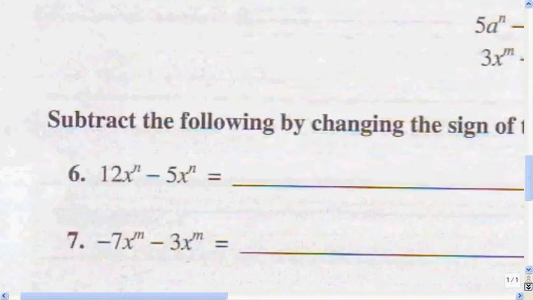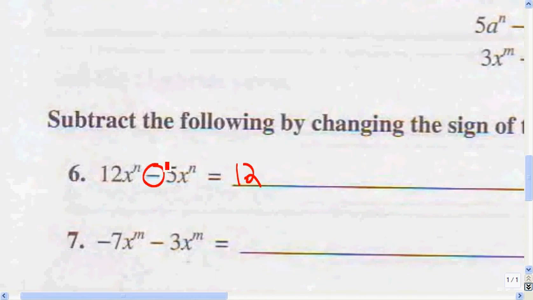Here they just want you to do more of the same thing, so we've got 12. They want you to subtract these. This subtraction sign is not really a subtraction sign, it's a negative, telling you that 5xn is negative. This is a little confusing, but you'll get the hang of it if you keep practicing. So we've got 12xn minus, because they want us to subtract, a negative 5xn.